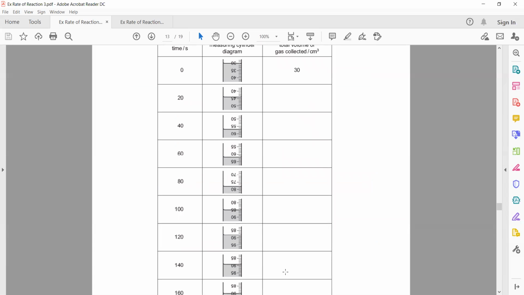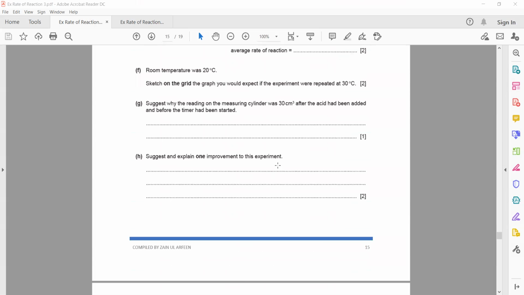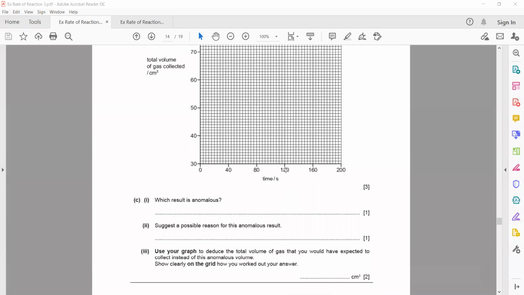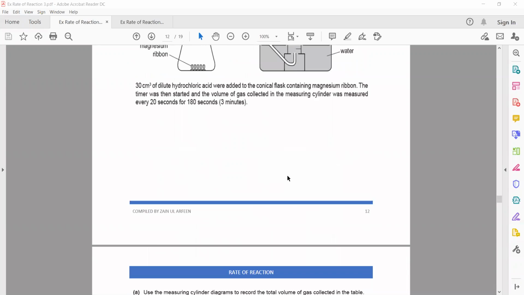Is it clear? Question 3. Any part if I miss, just let me know. Any other part, question 3, you have doubt? Then question number 4. Okay, this was question 4, sorry.